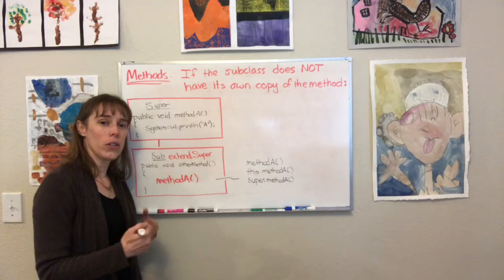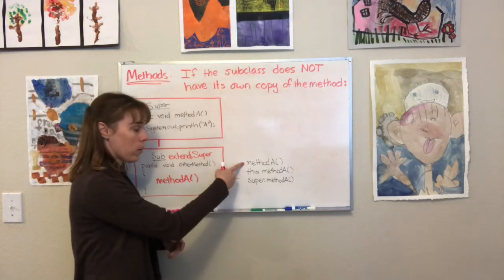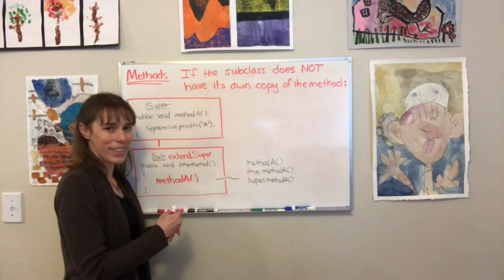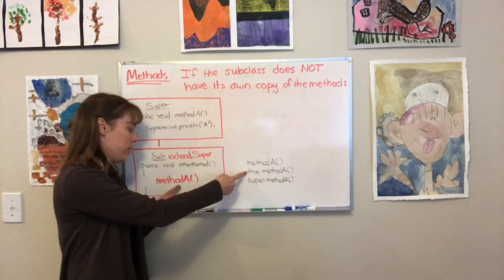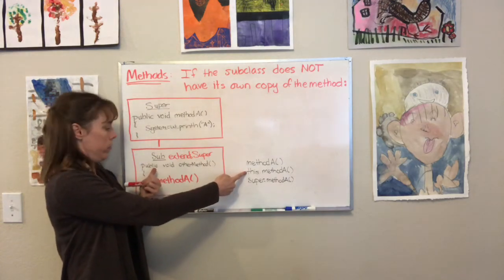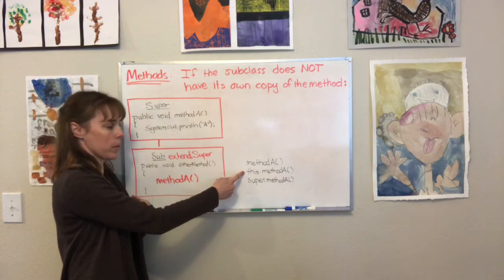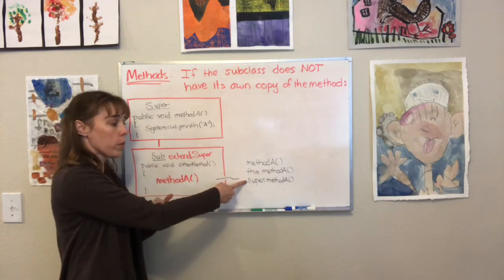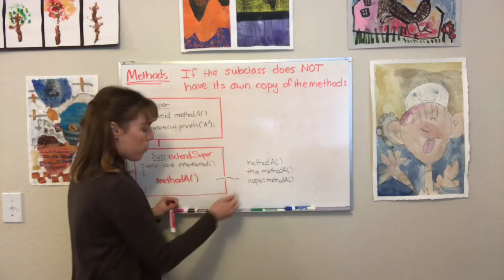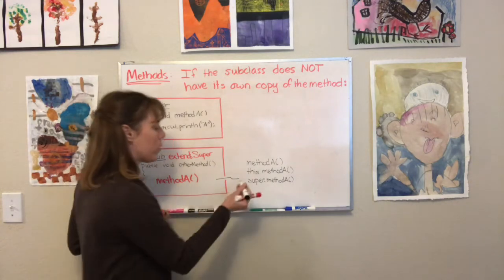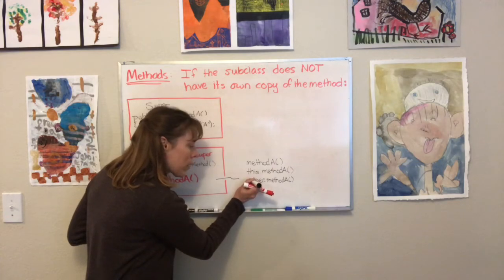Now conveniently you can call method A, but all of these are going to be the same in this instance. You can call method A, you can call this.methodA, since it's an instance method, or you could call super.methodA. Now this is a lowercase s super, and there is a good use for this coming up.